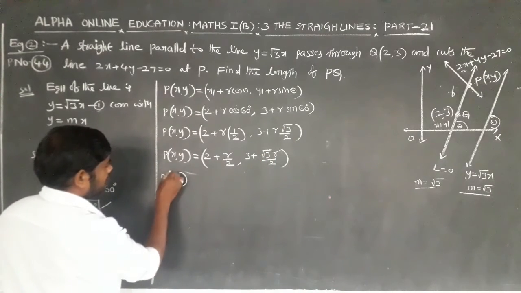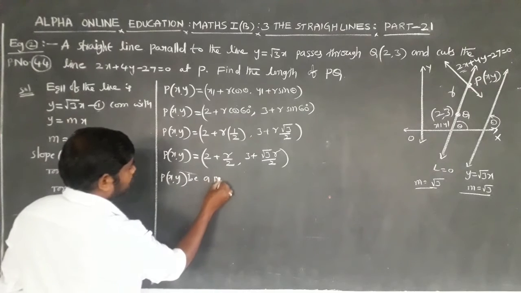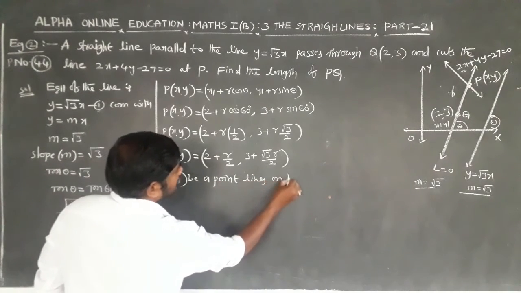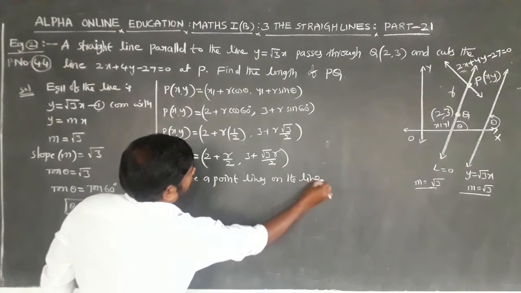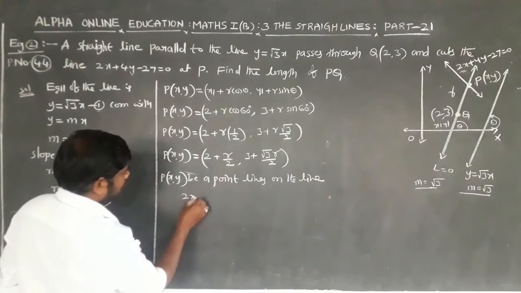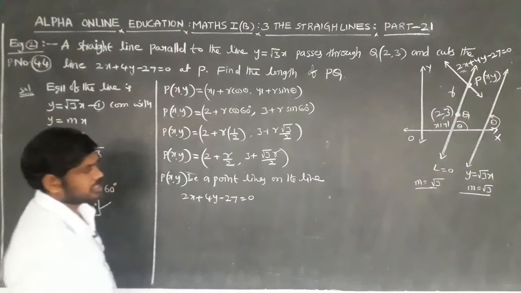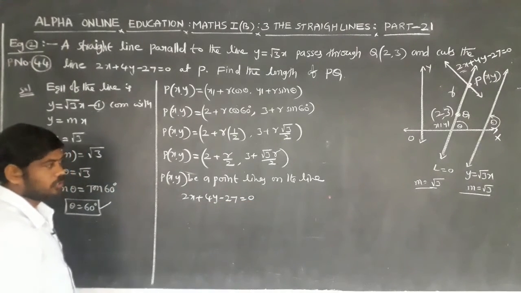Let P(x, y) be a point that lies on the line 2x + 4y - 27 = 0.